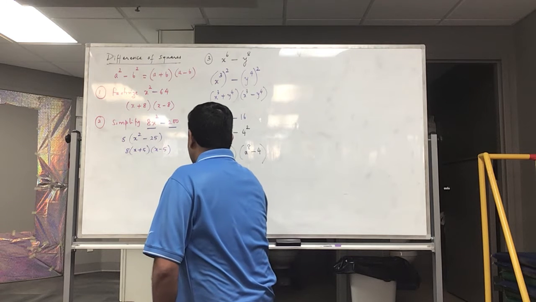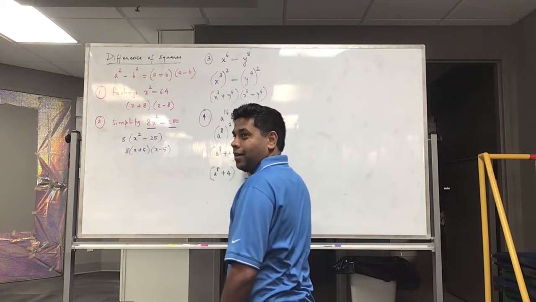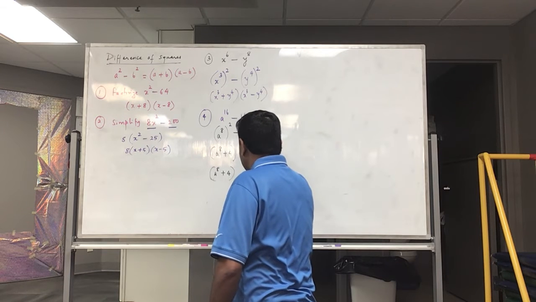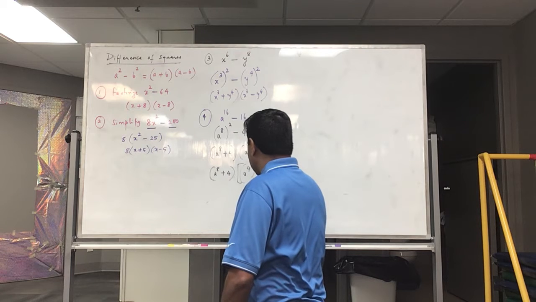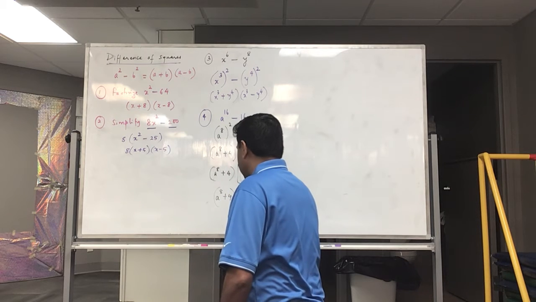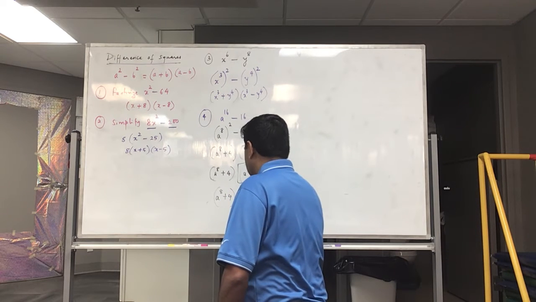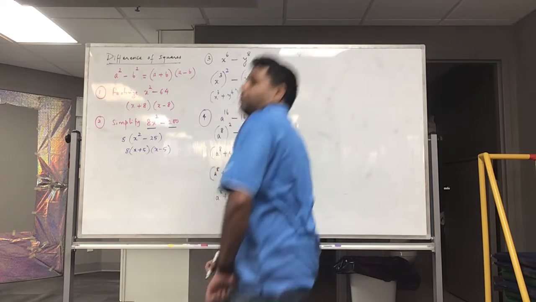What happened was, a raised to 8 minus 4 is still a perfect square, because a raised to 4 squared minus 2 squared. The a raised to 8 plus 4 remains as is. A raised to 4 plus 2, a raised to 4 minus 2. This is the answer.